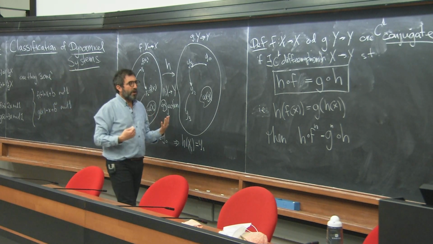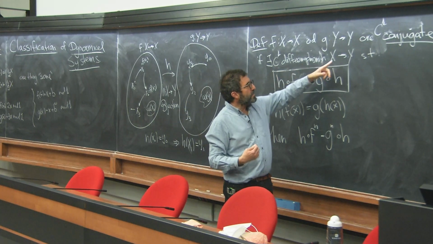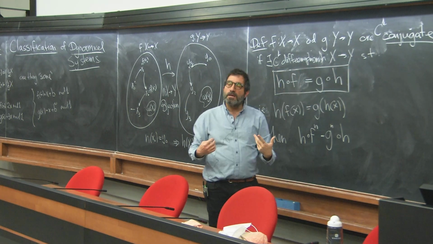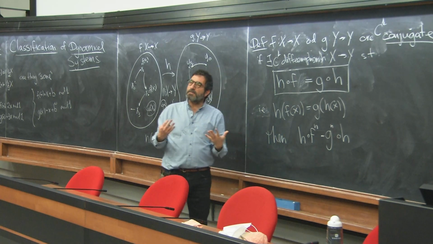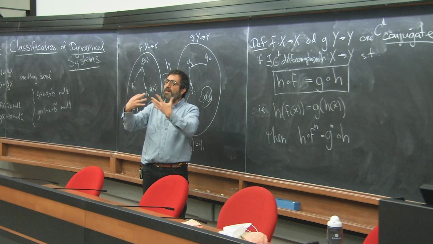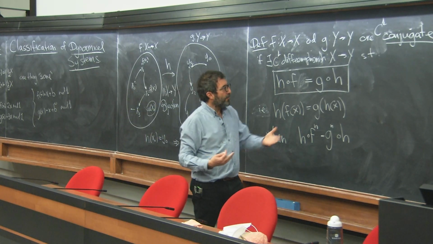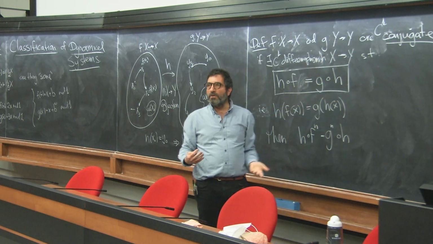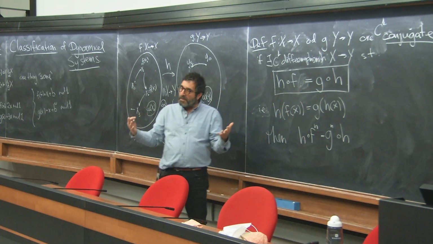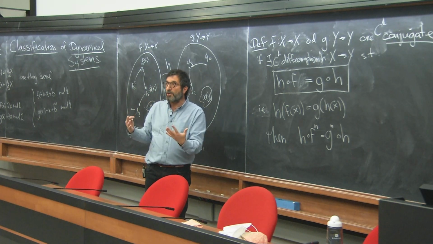Of course, if you have a C1 diffeomorphism, then it means that these spaces must be more regular than just metric spaces. They must be spaces in which it makes sense to define a C1 diffeomorphism. So they have to be, for example, Rn or the circle or the interval. They need to have a differentiable structure.